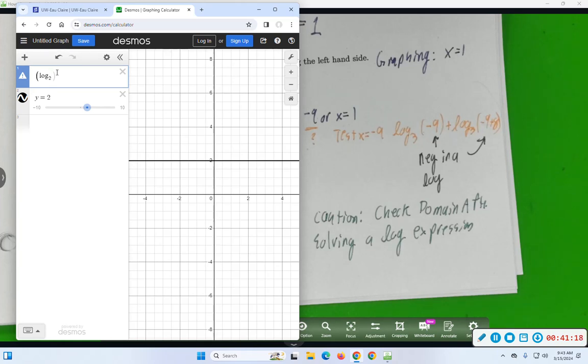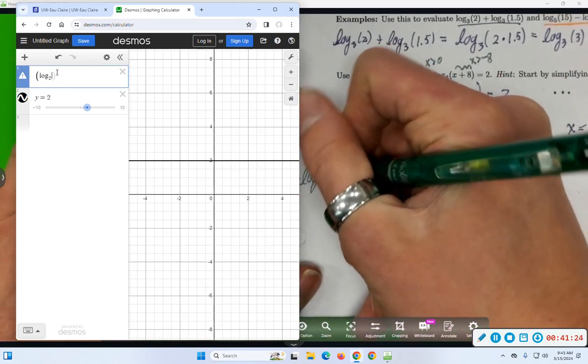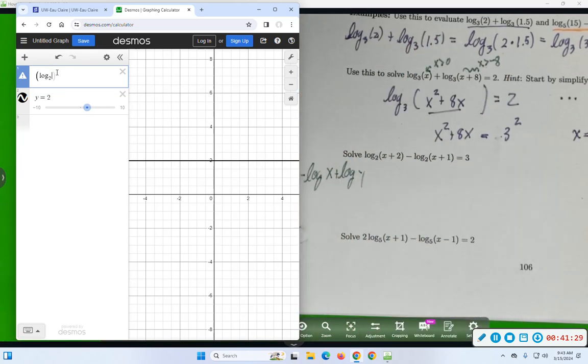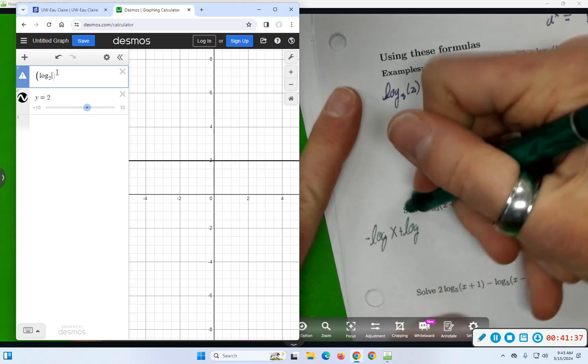But if you saw instead negative log x plus log y, that would be log of y divided by x. So it's not left or right that matters, it's which one has the minus sign. Whichever one has the minus sign becomes the thing in the denominator.